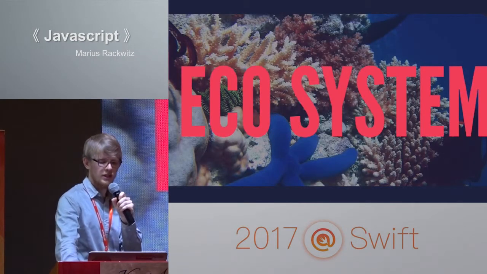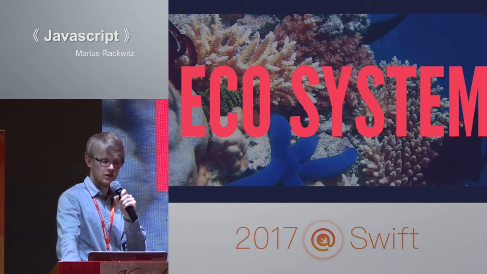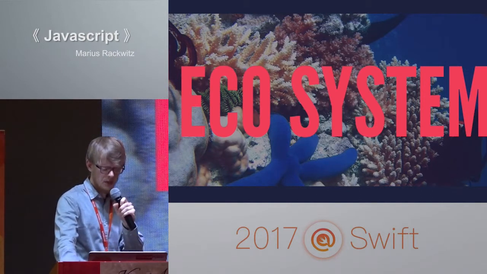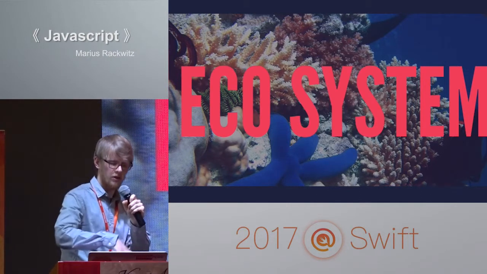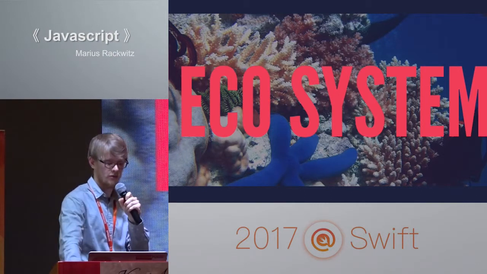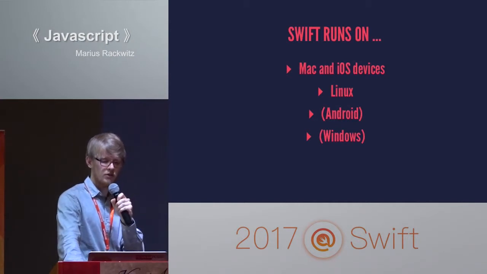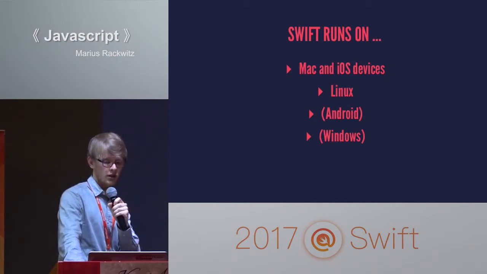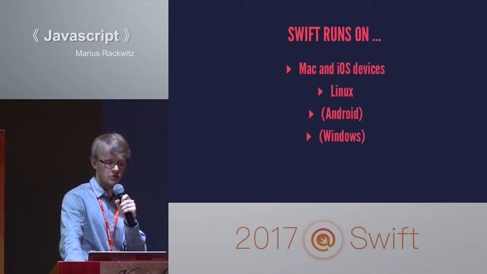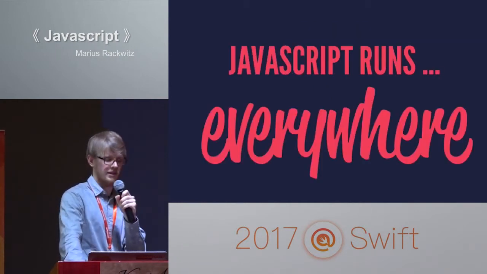Let's talk a bit about the ecosystem as well, which is also pretty important when coming from one platform or one language to another. Swift runs on Mac and iOS devices, on Linux. There are plans and attempts around Android and Windows, versus JavaScript runs basically everywhere.